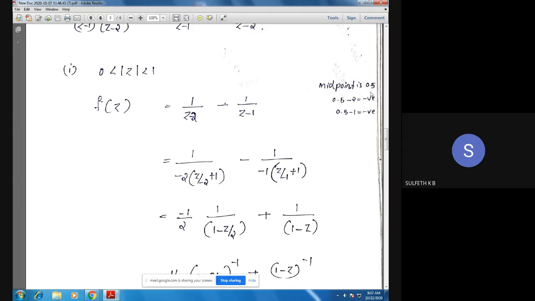When we substitute the value 0.5 for z, we get 0.5 minus 2, equal to minus 1.5, which is a negative term, right?